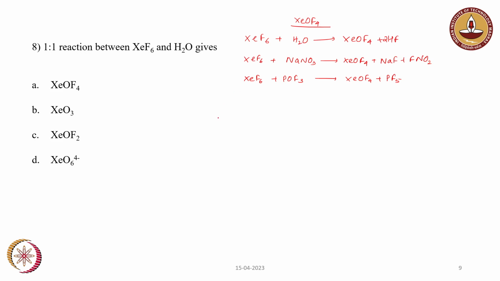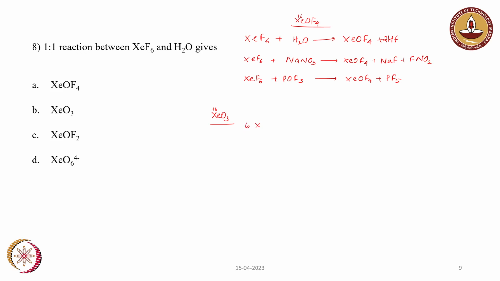We can synthesize XeO3. Here the oxidation state is plus 6. Here also it's plus 6. So XeO3 is synthesized from XeF4 and XeF6.